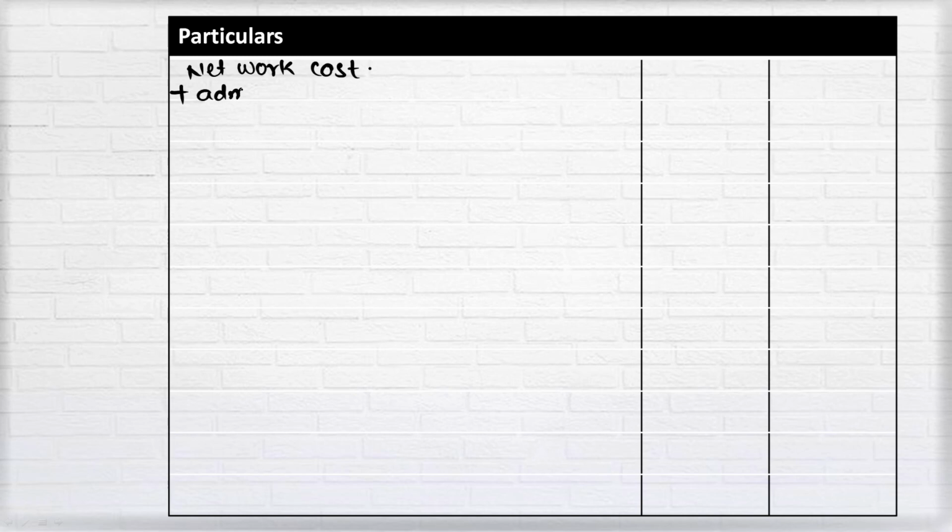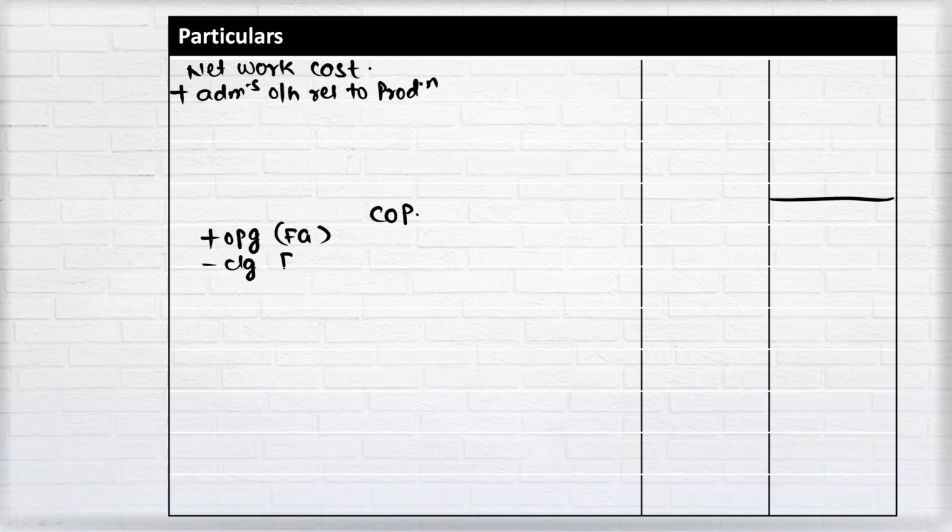Add administrative overhead related to production. I will be getting answer of cost of production plus opening finished goods minus closing finished goods.